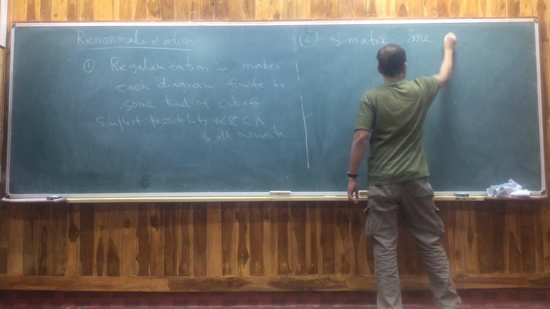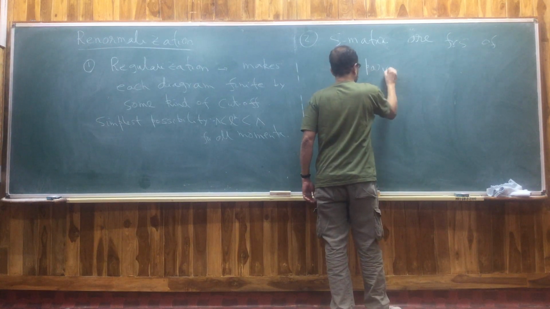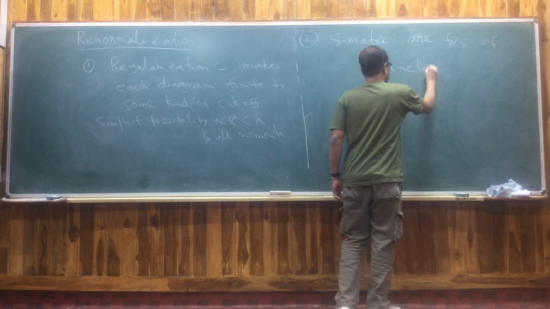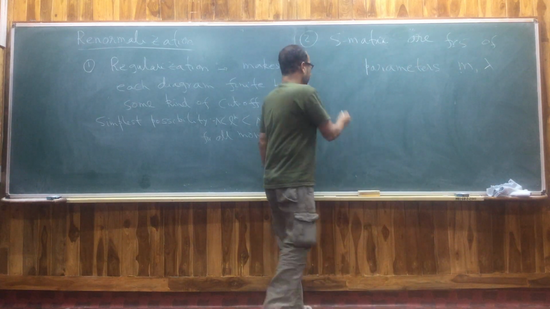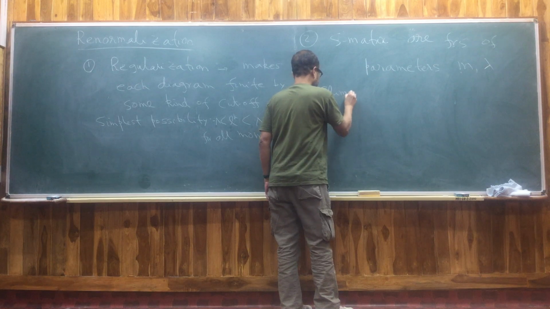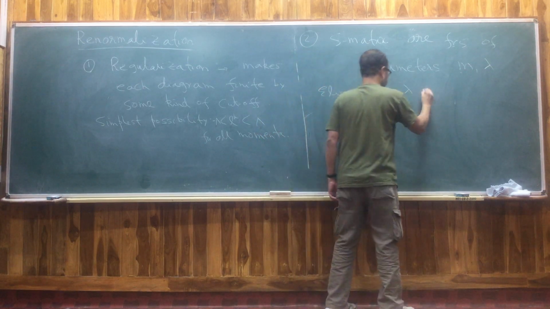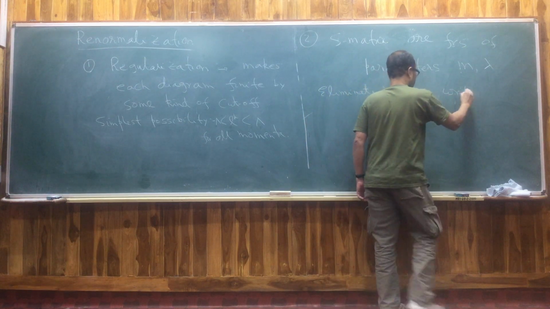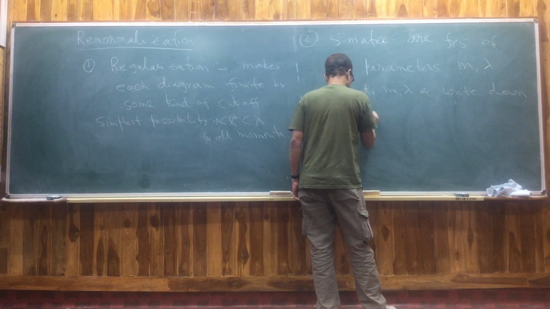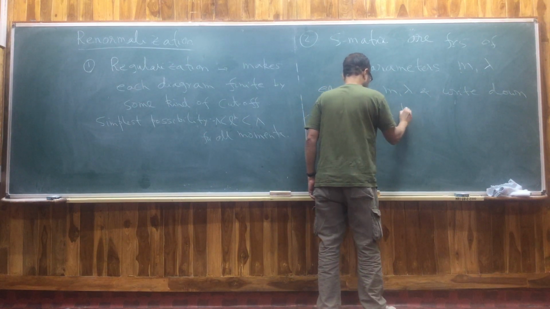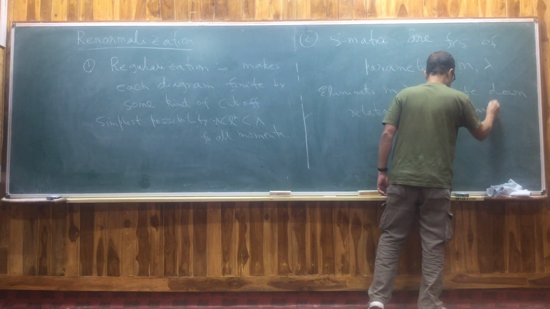So the S matrix elements are functions of parameters m, lambda. So we eliminate m, lambda and write down a relation between S matrix elements.